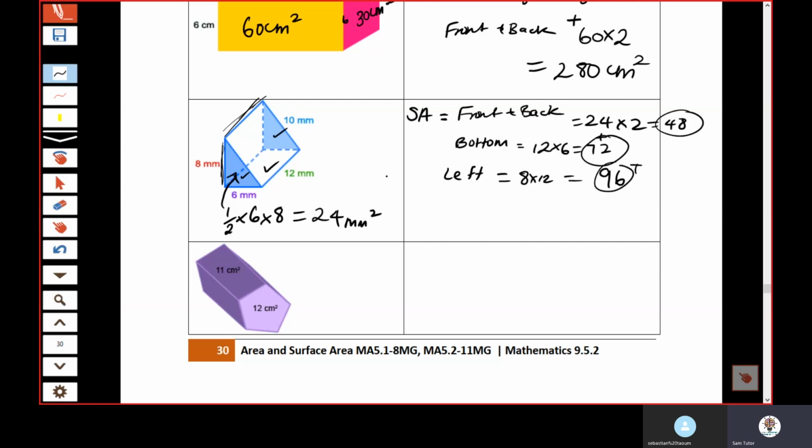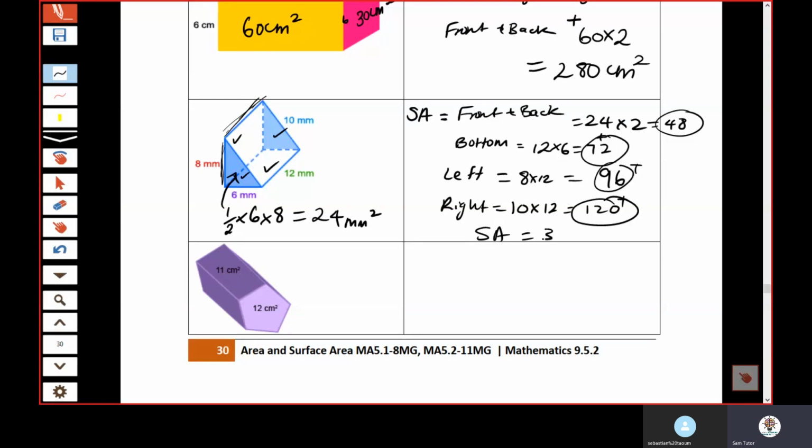And then we need the right hand side. Right bit is this. What's the area of that? That's 12 times 10. Good work. And then pretty much your surface area equals that plus that plus that plus that. Plug it all into your calculator, and you're done.